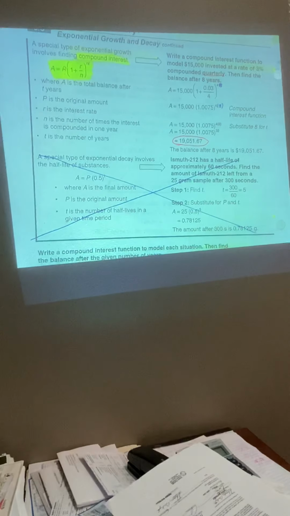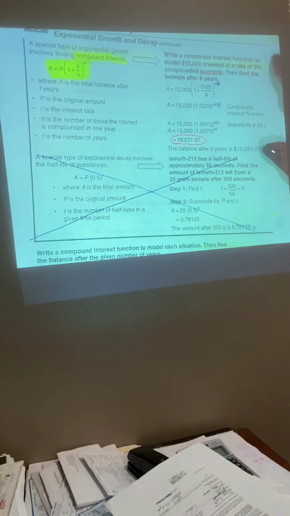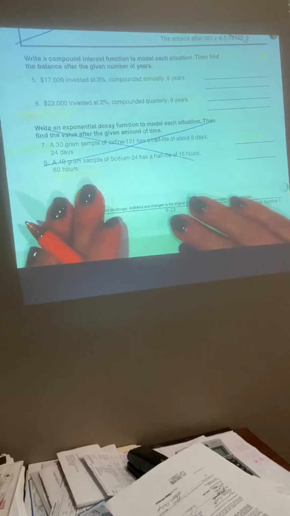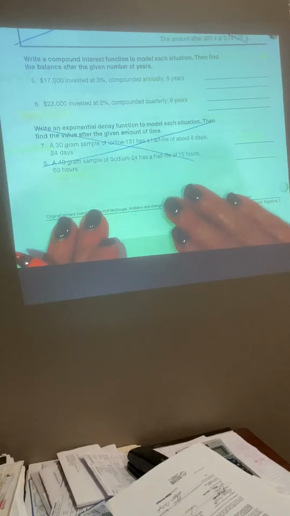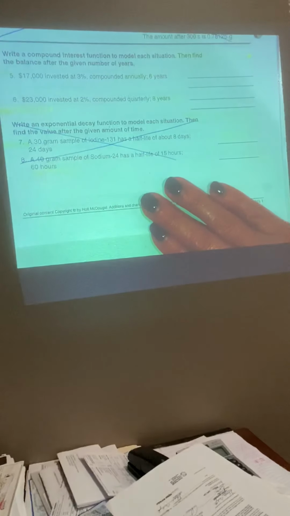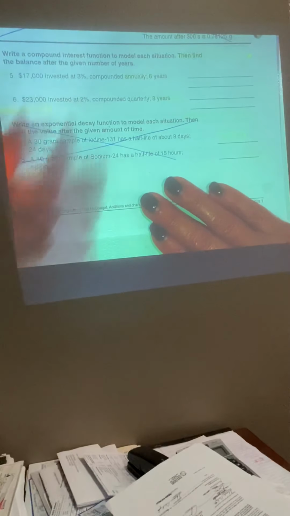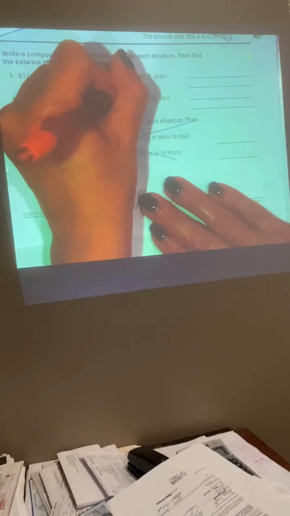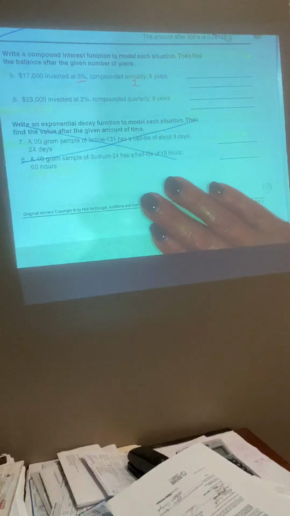Okay, let's try these last 2 problems using this formula. All right, write a compound interest function to model the situation. 17,000 invested at 3% compounded annually for 6 years. Okay, so here we go. 3%, compounded annually. Annually means 1.